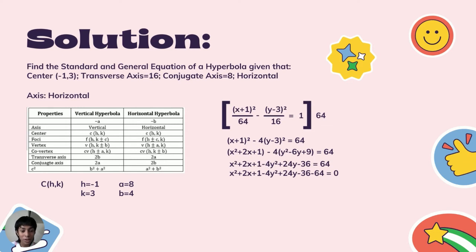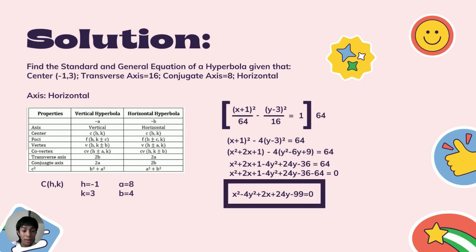So when performing that operation, 1 minus 36 minus 64 will become -99. So the result will become like this. We will need to arrange the terms. So the general equation is x squared minus 4y squared plus 2x plus 24y minus 99 equals 0.